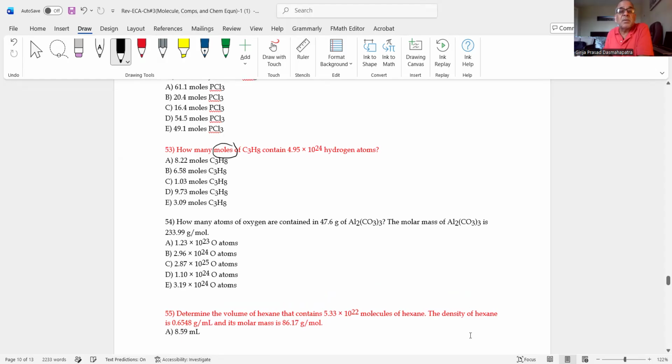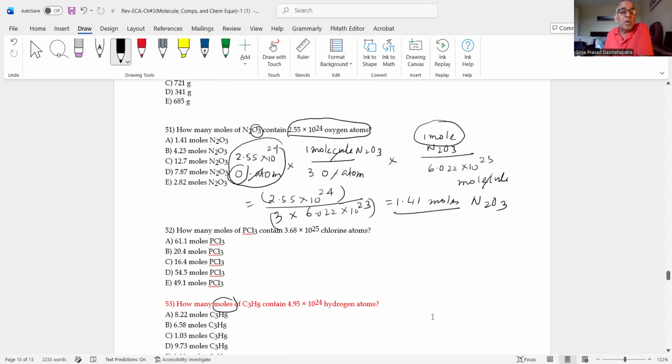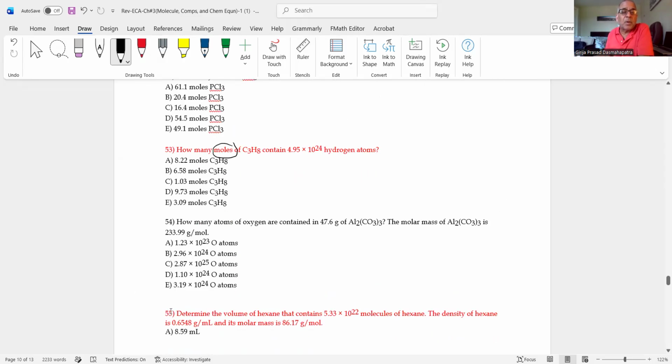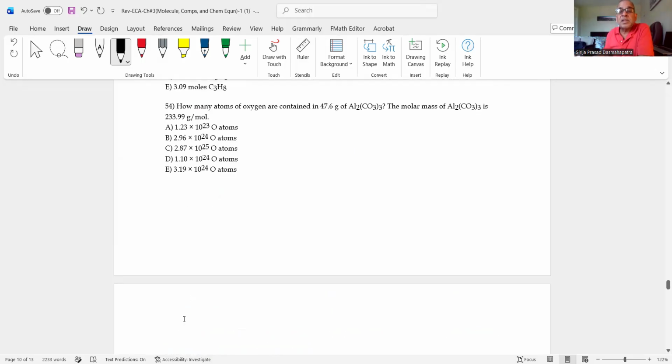Actually, this is very similar to question number 51, so I won't do it. Rather, they are all the same. Let me do 54. That is a little difficult. So in this case, they are asking how many oxygen atoms there are, and you start with the quantity of aluminum carbonate.